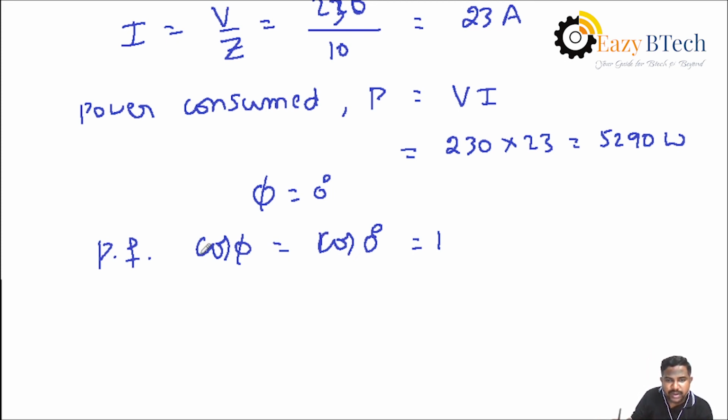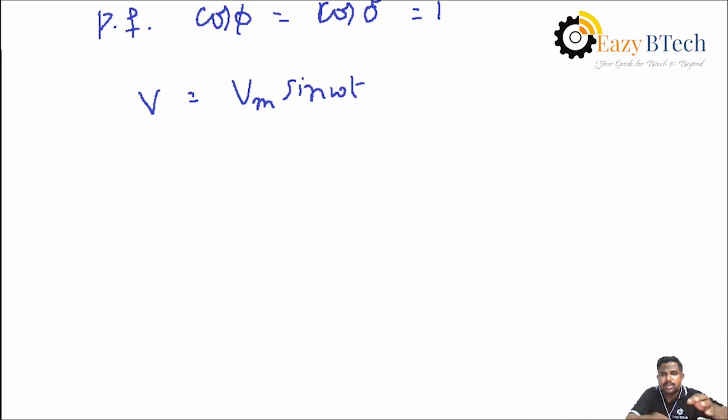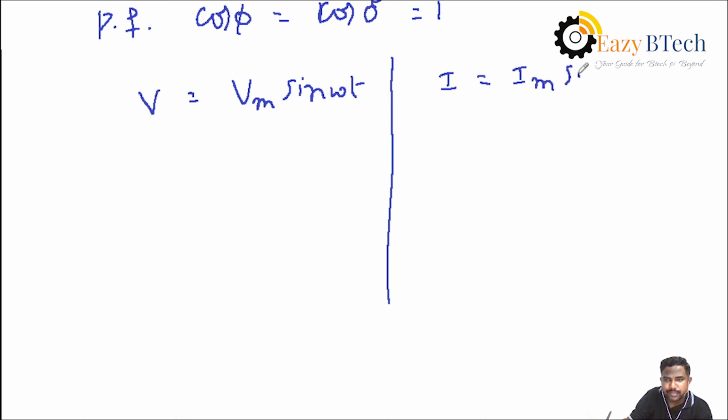Then we can find the equation of the voltage. We know that V equals Vm sine omega t. This is the equation of the voltage, and the equation of the current is the same form, I equal to Im sine omega t.